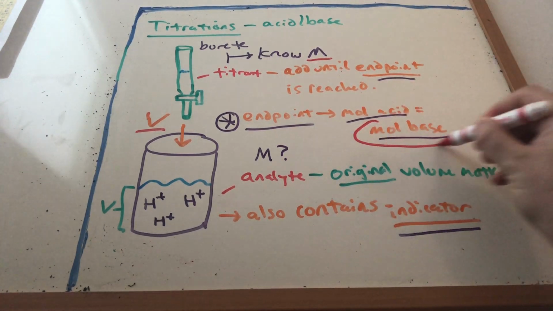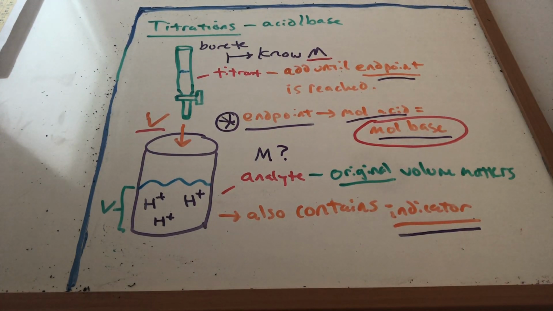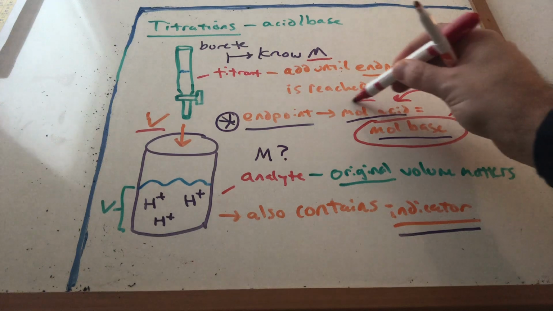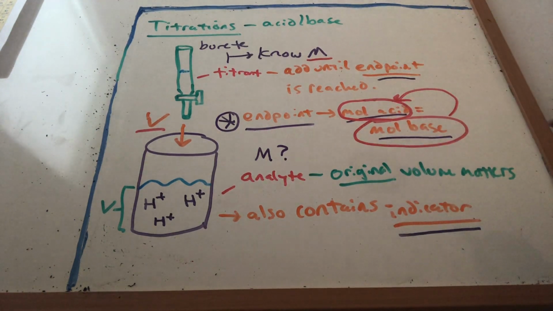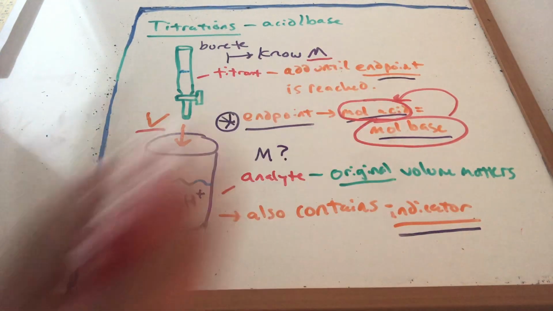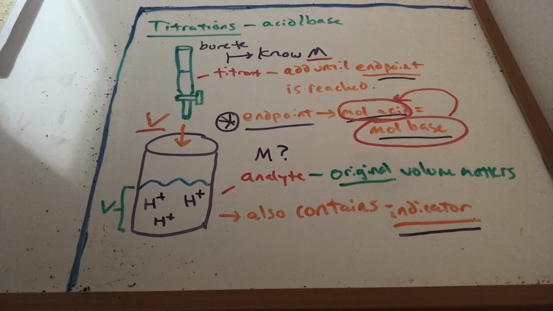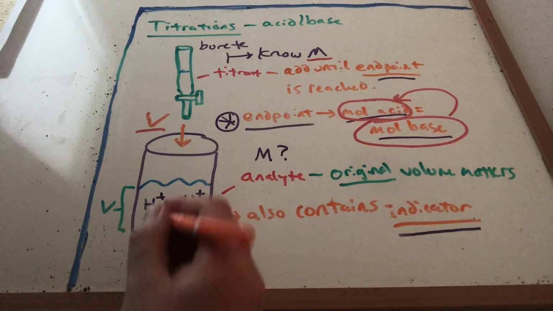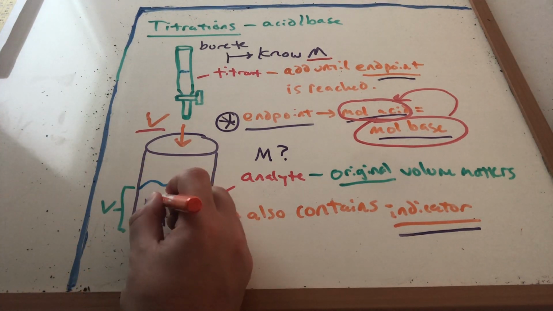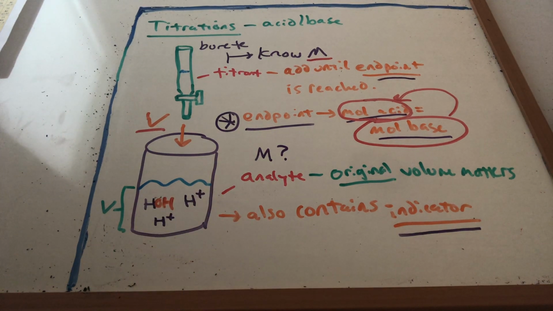And I'll be able to understand how many moles of base I've added. Well, I'm running a reaction that will tell me how many moles of acid were in there to start with. If I have moles of acid and a volume of acid, I can get a concentration. So if I take this burette and I start putting in OH minus, how many OH minuses do I have to add? I can drop in 1 OH minus and I make a water, an HOH.